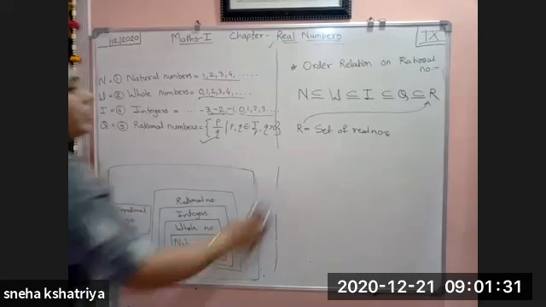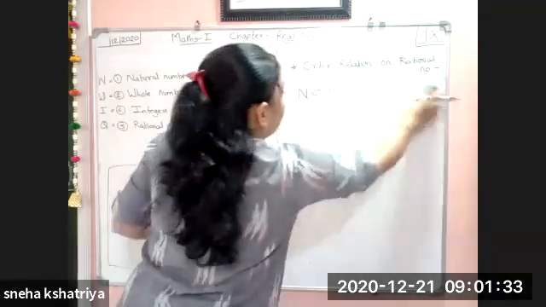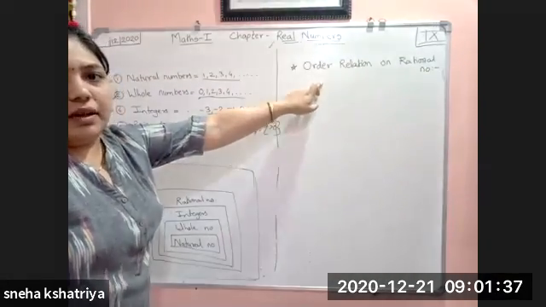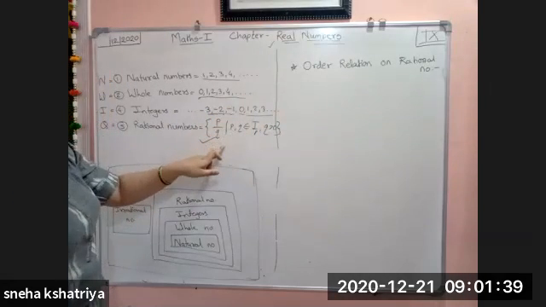Okay, so now the second one is the order relation of rational numbers. See here again, I have told you we have to focus on it more.